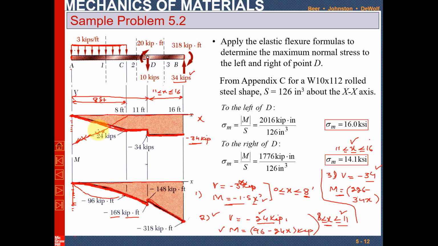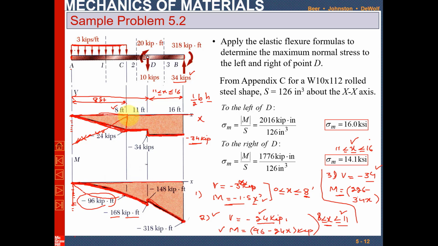Now you can also see that the area under the shear force diagram, which is AEB, is a triangle, and the triangle area is equal to half of B into H. B is 8 feet and H is minus 24. If you take half, you will get minus 96 kips into feet as the moment value.